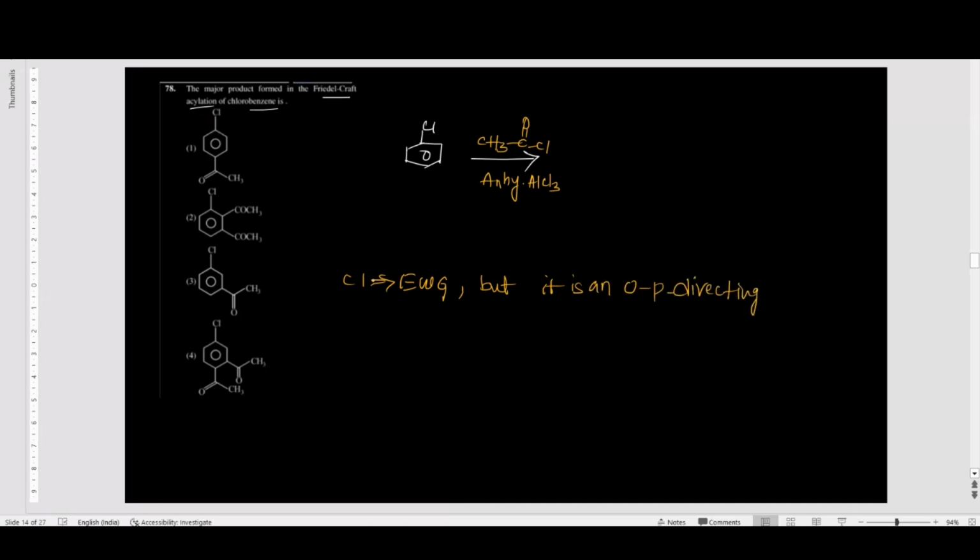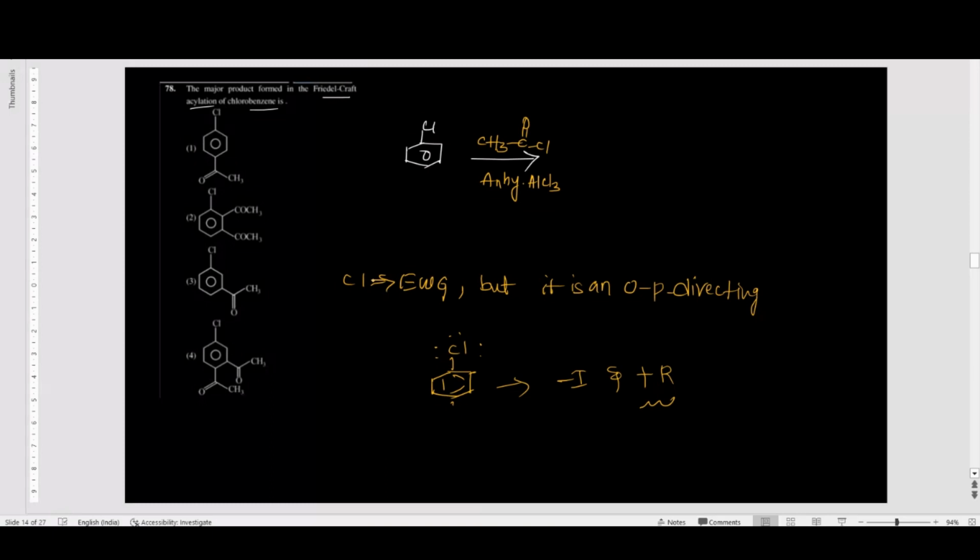because, see, you can check it here. Let me explain it over here. Generally this shows a minus I effect. At the same time, it shows a plus R effect also, resonance, right? Due to this minus I effect, it acts like an electron withdrawing group, and due to this plus R effect, the deactivation at ortho and para positions decreases.